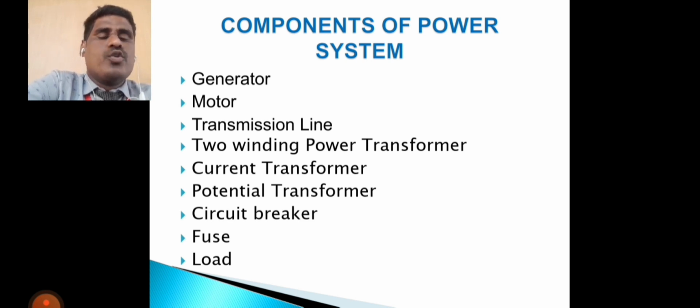And the next one is load. Already I explained load, static load or dynamic load. What is the difference between these two, static and dynamic? One is stationary and the second one is variable. Variable load is nothing but your load is adjusted based on requirement, which comes under dynamic load. Your stationary load or static load is nothing but your load is constant in the entire period.